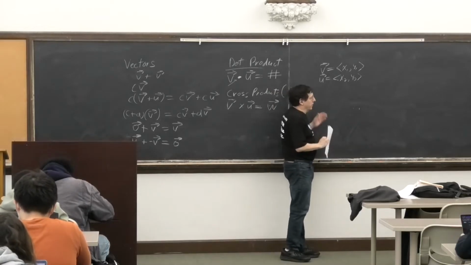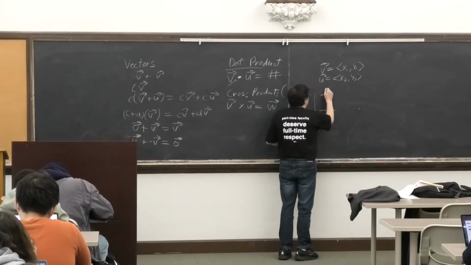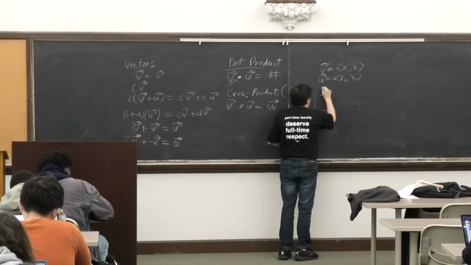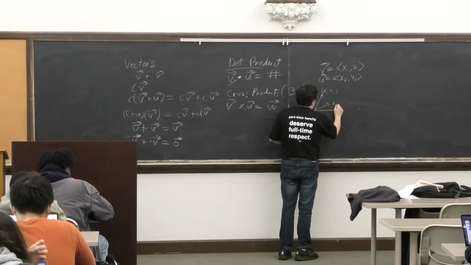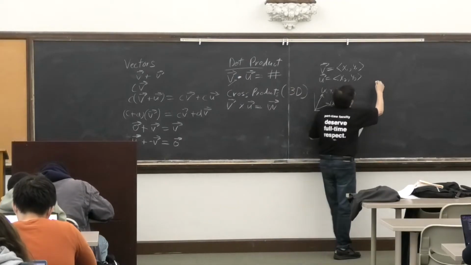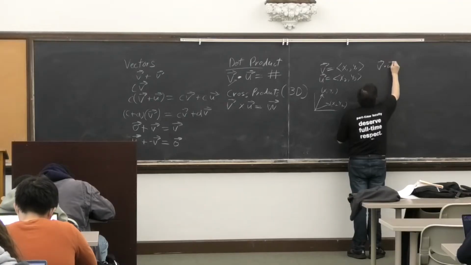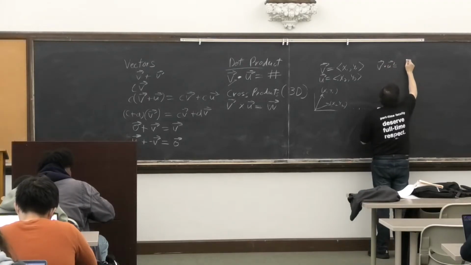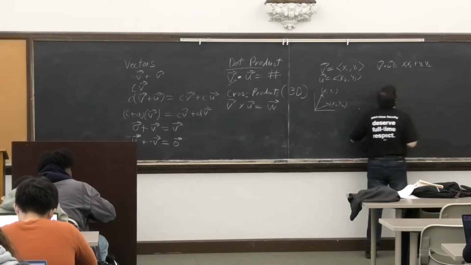This would be a vector, of course, that goes from the origin to x1, y1, and to x2, y2. The dot product of v dot u is just the number x1 x2 plus y1 y2.